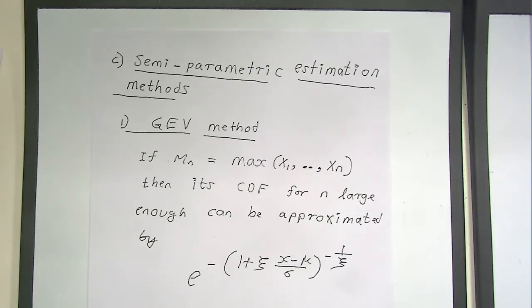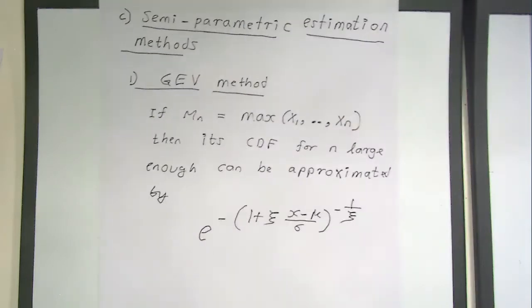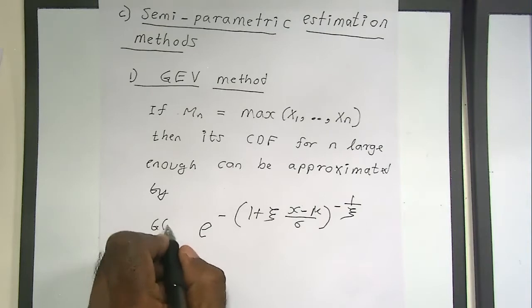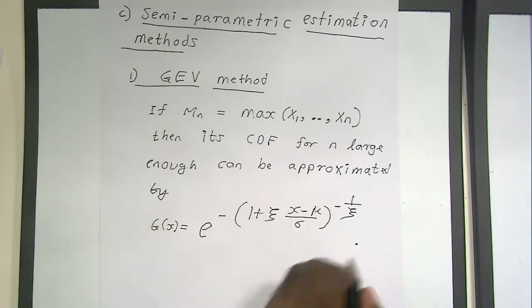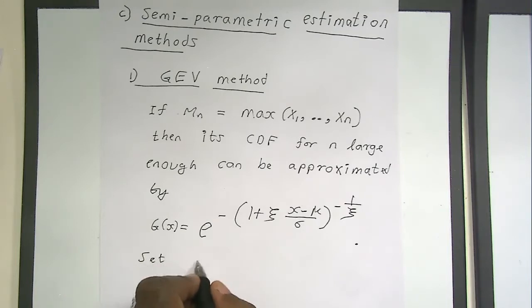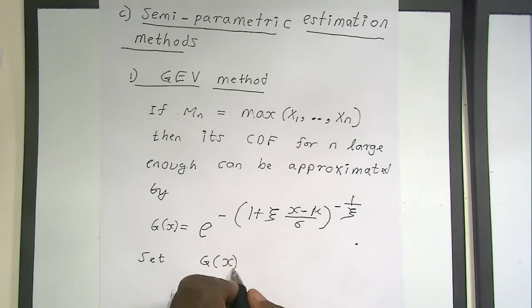Okay. Now, we want to find the value at risk. To find the value at risk, we need to set the CDF equal to p and solve for x in terms of p, right?